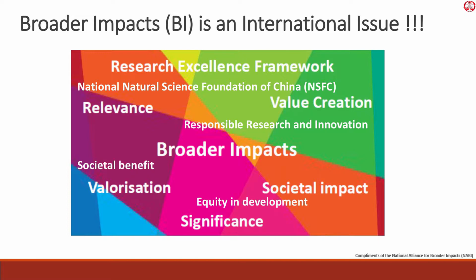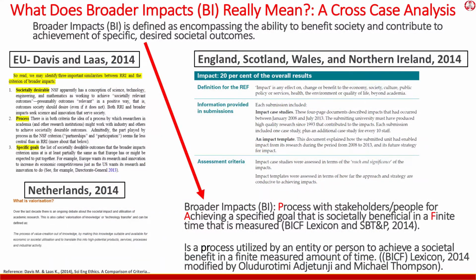And a lot of those are within regards when we begin to talk about NSF is a broader impact through our research. What does broader impacts really mean? And how can we really begin to find out exactly what and unpack that definition? In order to do that, what we did is we did a cross-case analysis of the broader impacts-like terms.